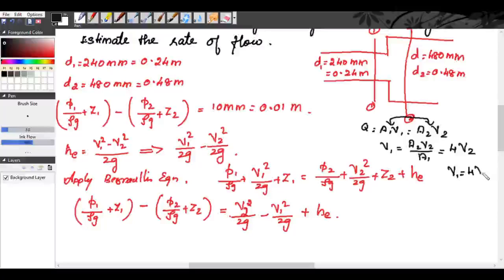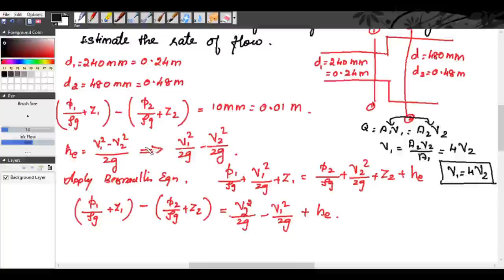I repeat: from the continuity equation, you get V1 is equal to A2 V2 by A1. For A2, you use pi D2 square by 4, and for A1, pi D1 square by 4. Substituting D2 as 0.48 meter and D1 as 0.24 meter, we get V1 is equal to 4 times V2.